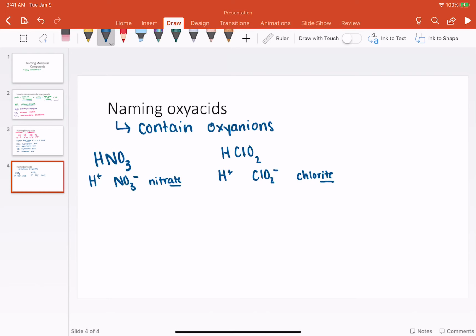So now how do we name these acids? When we have an ATE ending, we're going to say the base name of the oxyanion, plus IC, plus acid, which means that for HNO3, because it uses the nitrate anion, that means that HNO3 is going to be nitric acid.